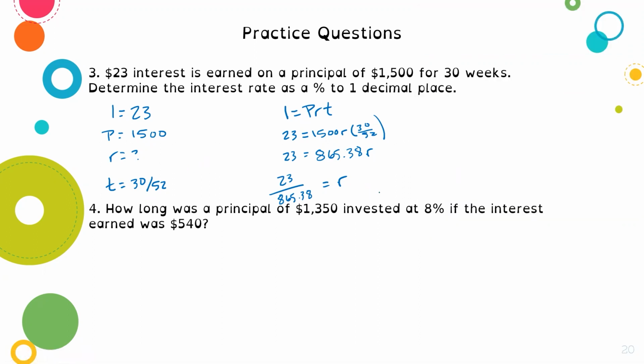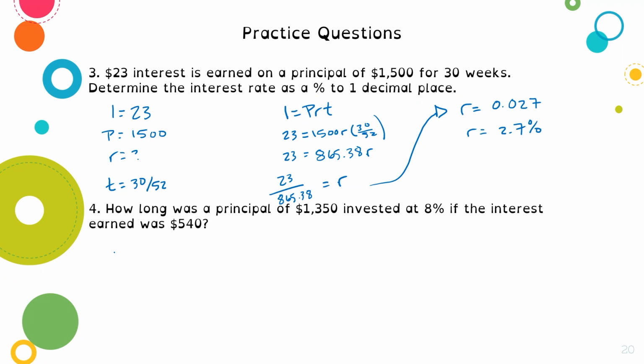So here I've run out of space, but I can just draw an arrow. R equals 0.027. And then it told me to put it as a percent. So I'm going to multiply this by 100 in order to get 2.7% to one decimal place. There we go.